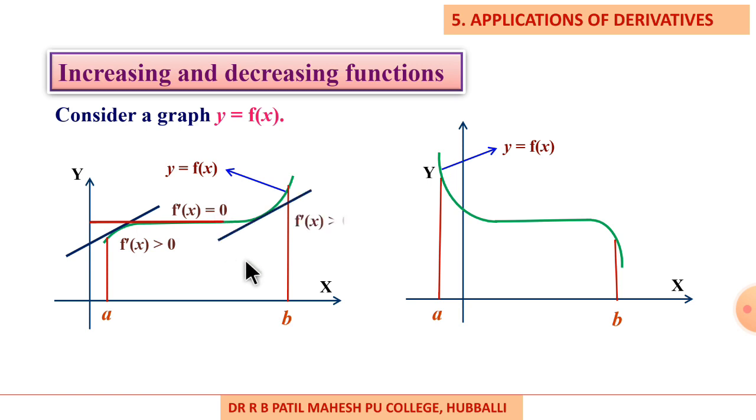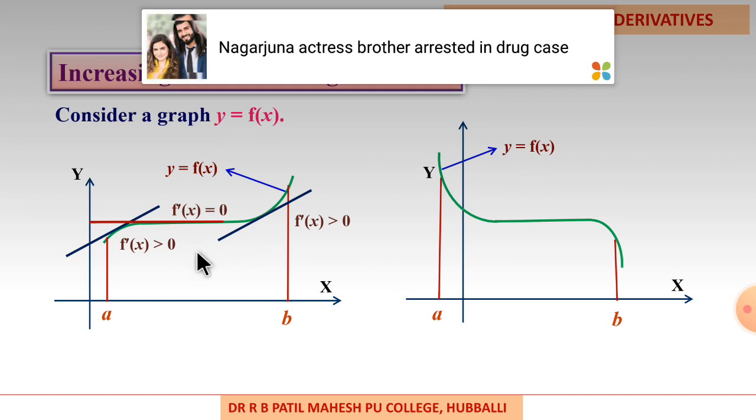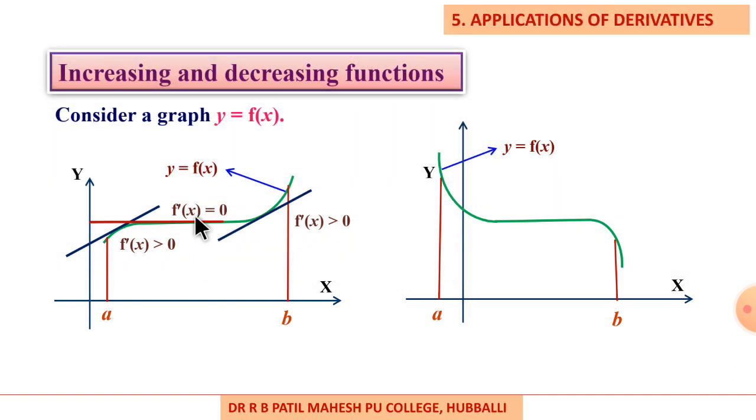The next one, at x equal to B, draw one more tangent, which gives a positive value, f dash of x greater than 0. So there are a total of 3 tangents: these 2 give positive values and this one is 0.